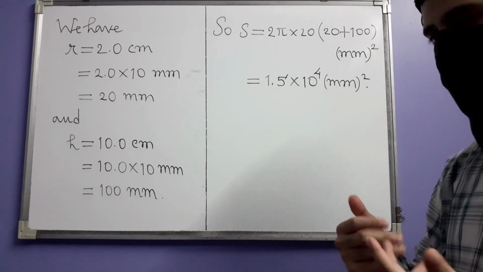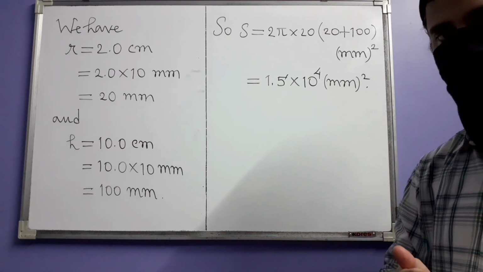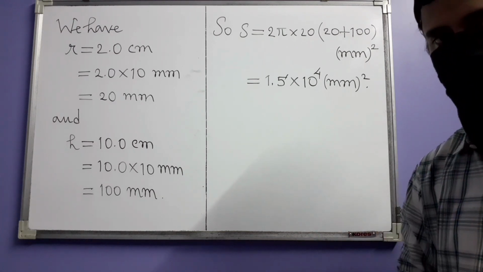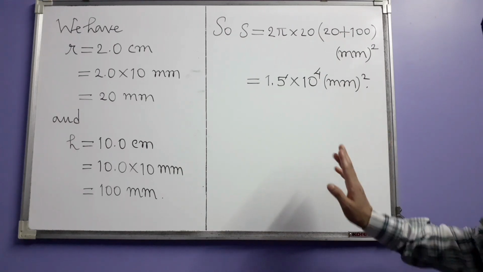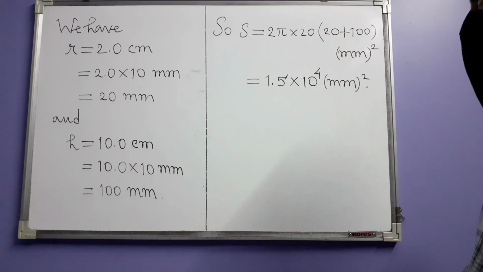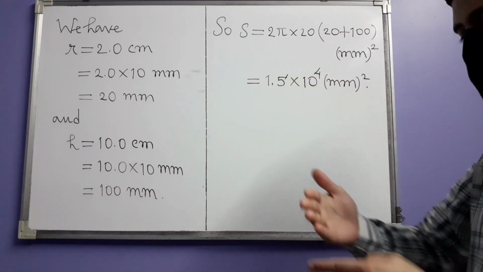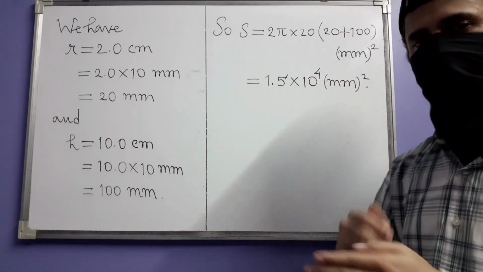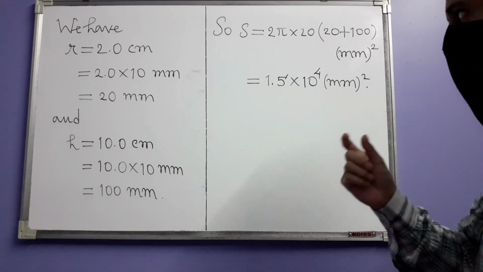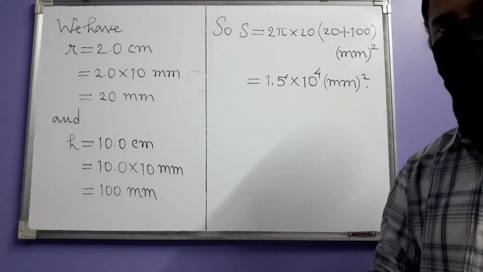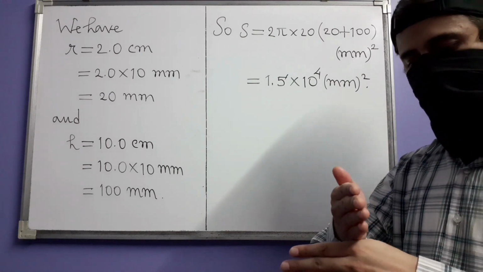So either you can use 22 divided by 7, a very crude approximation, or some better approximation. You do whatever you like to do here, and then finally when you calculate the value, you will get a number. So then how do you decide how many significant digits you have to keep in that number? The rest of it you have to remove.